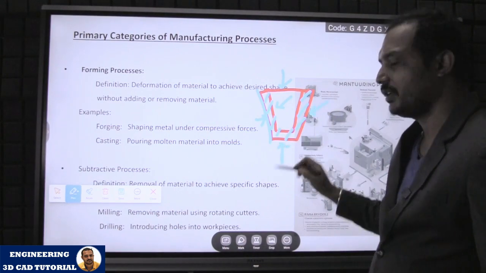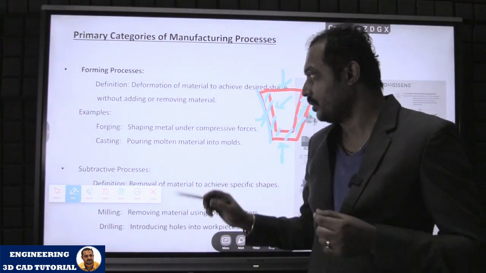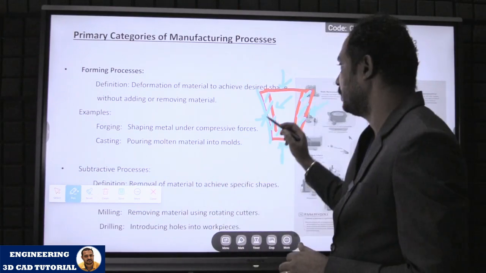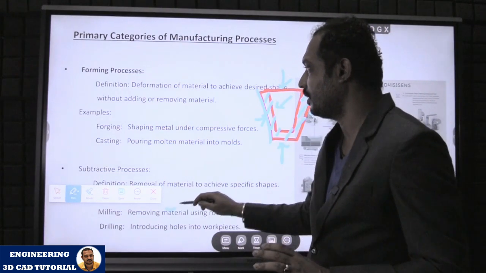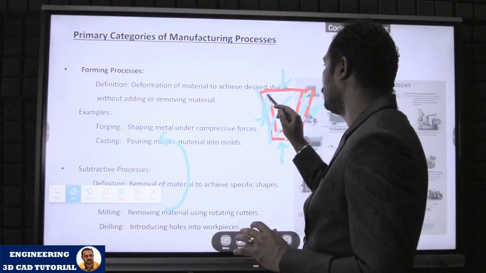In this case they can make some fixtures to give the final shape. Otherwise, sometimes if they directly go for casting, they can eliminate this.